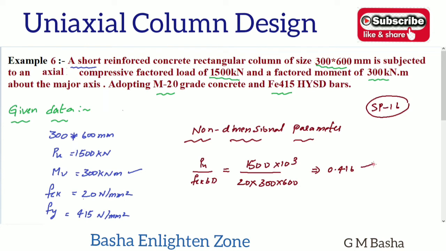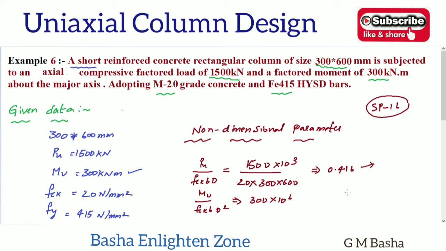Please check this value, then for that value only you have to provide. For me it is 0.416. And again Mu by fck bd square. What is Mu here? Mu is given as 300. In terms of kilonewton meter to Newton millimeter, it is into 10 to the power of 6: for kilonewton it is 10 to the power of 3, and for meter to millimeter it is 10 to the power of 3.